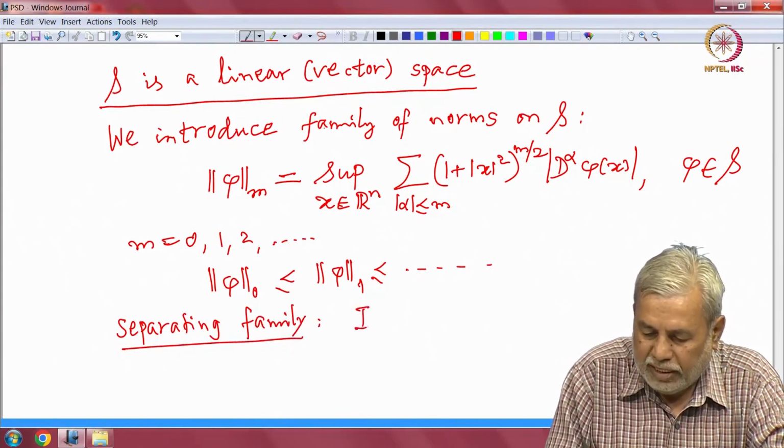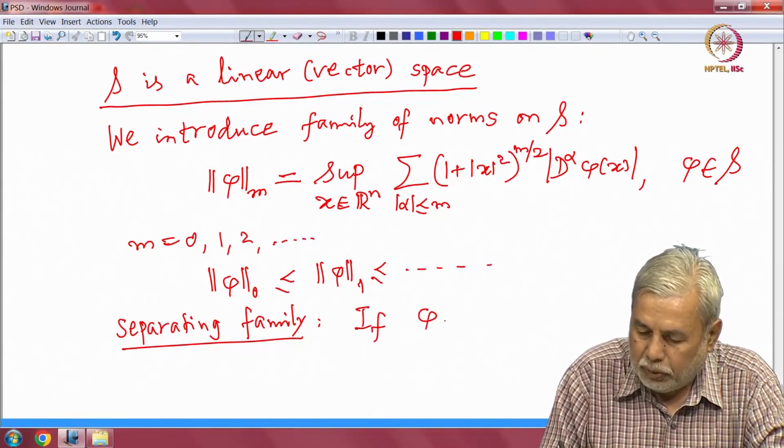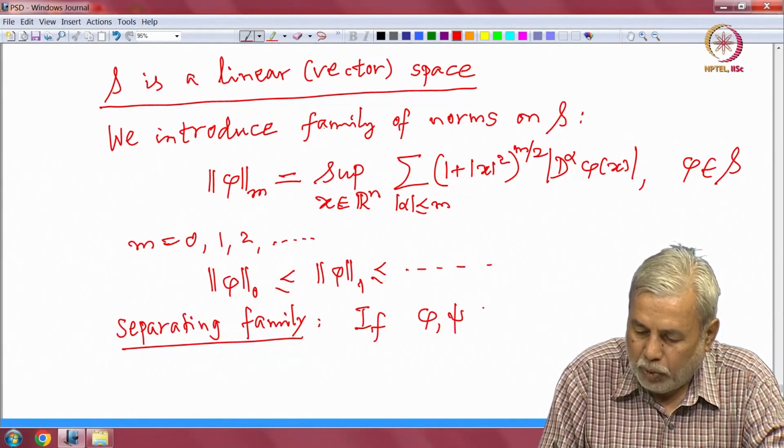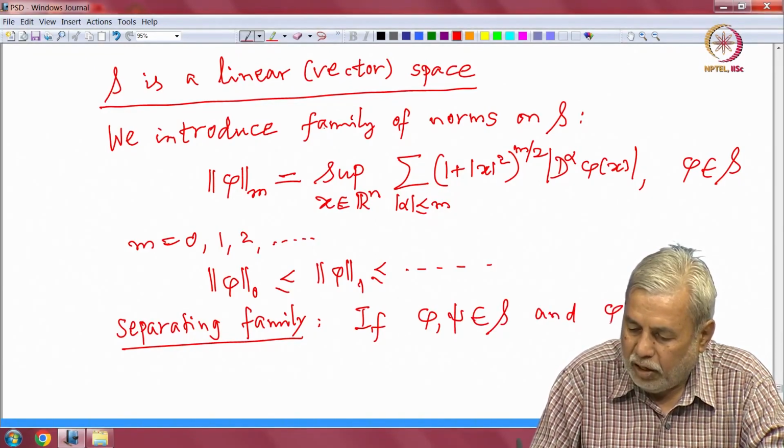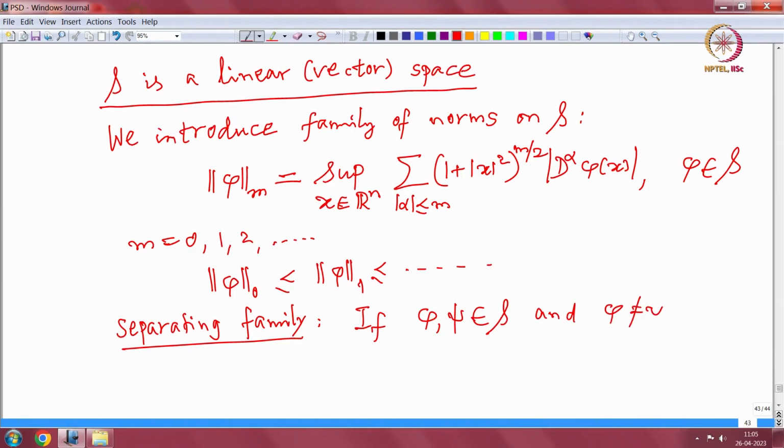So if phi and psi belong to the Schwarz space and phi is not equal to psi, then there exists some non-negative m such that the m-th norm of phi minus psi is strictly positive.